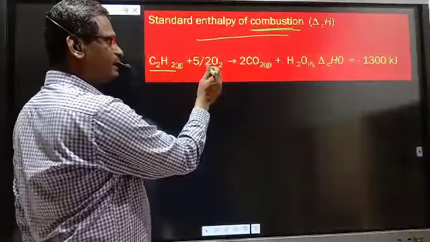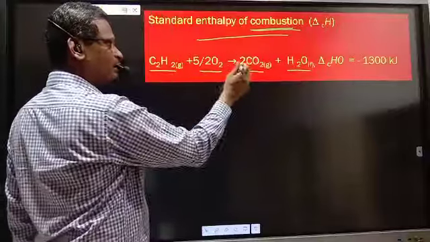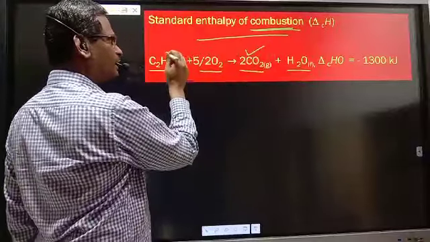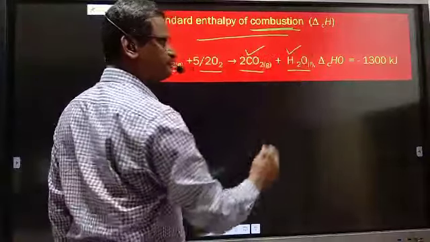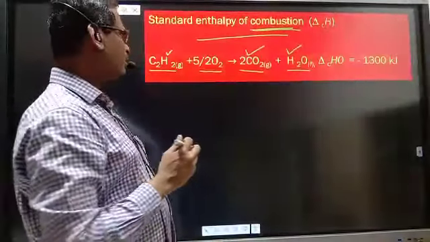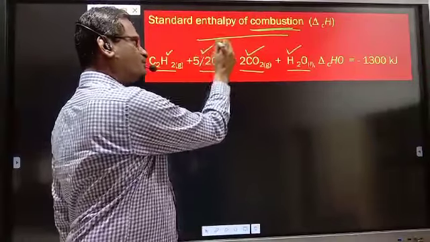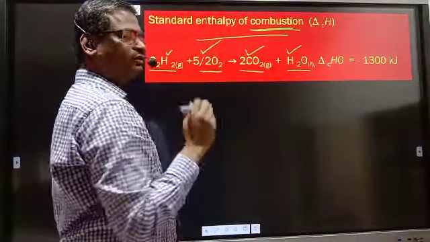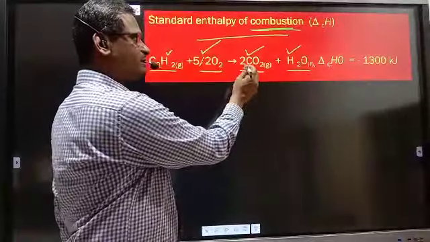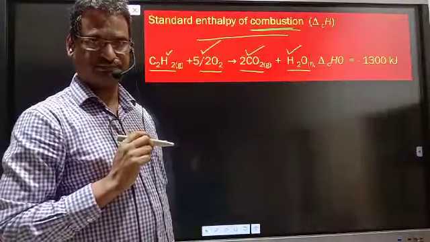Acetylene undergoes burning in presence of oxygen giving CO2 and H2O, carbon converted to CO2 and hydrogen converted to H2O. So combustion is the process of burning of substance in presence of excess of oxygen to form stable oxidation products CO2 and H2O. That is combustion.